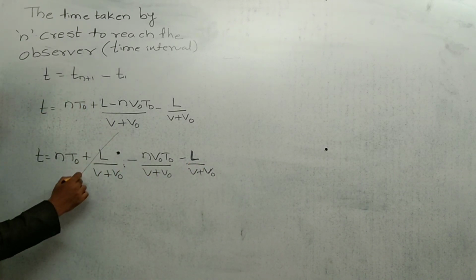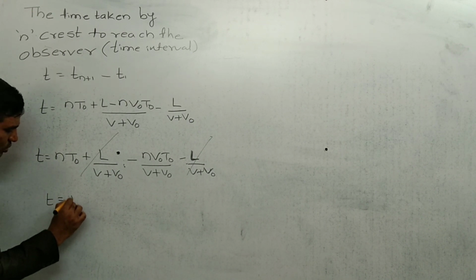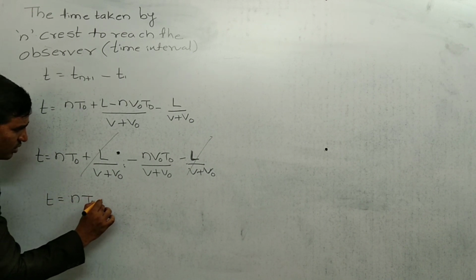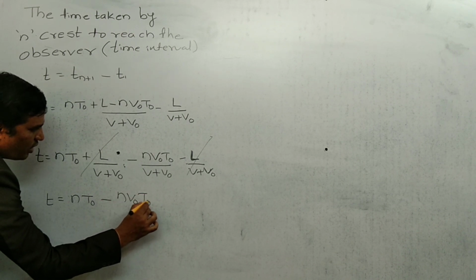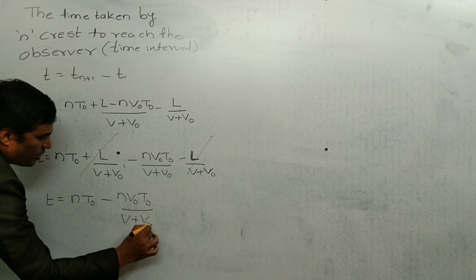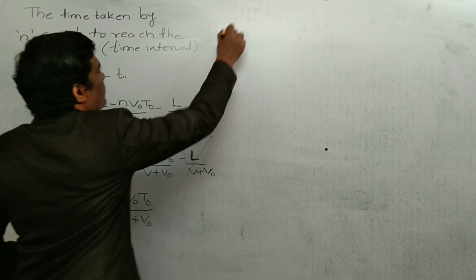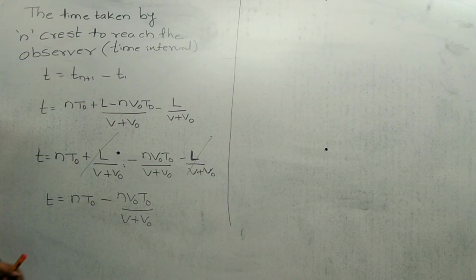So plus minus gets cancelled. T equals n t naught minus n v naught t naught by v plus v naught. Here take n t naught common.